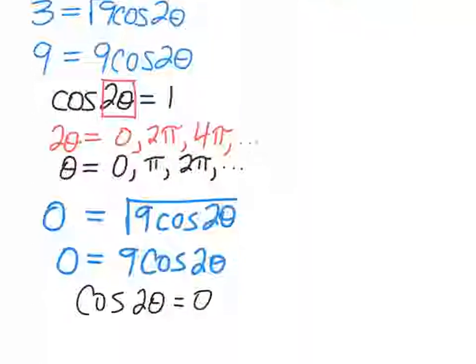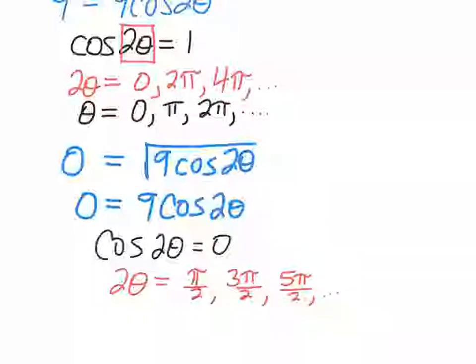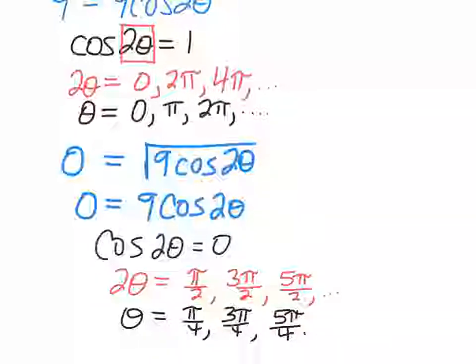That's going to happen wherever 2 theta gives a value where cosine is equal to 0. So that would be pi over 2, plus or minus, but we'll just stay with the plus for now, 3 pi over 2, 5 pi over 2, etc. In which case I'd be looking at theta being equal to pi over 4, 3 pi over 4, 5 pi over 4, and so on.